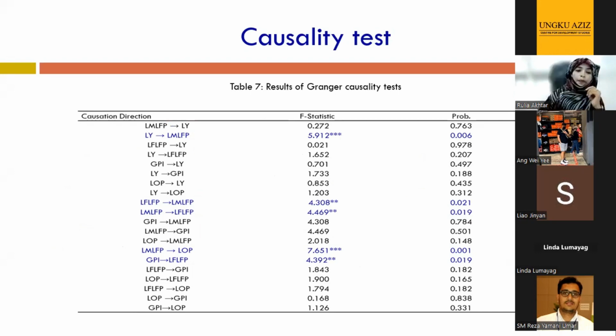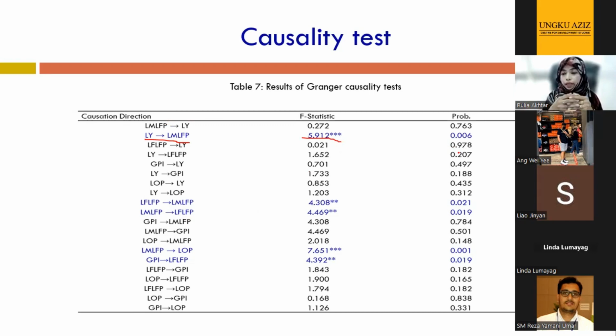You see here, economic growth and female labor force participation have a significant relationship. So based on the result, we can say that there is either a unidirectional or bidirectional causal relationship, and based on this, the policy makers or policy designers can implement a policy.